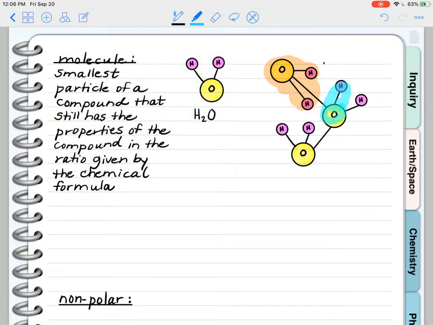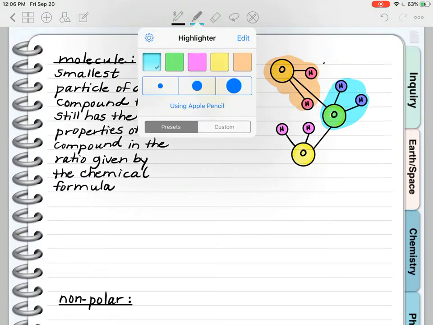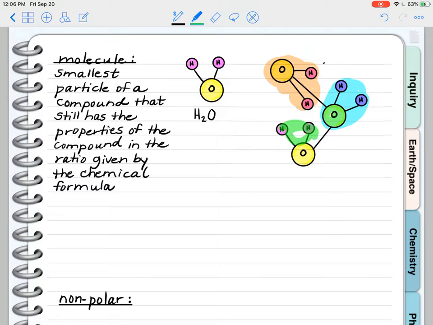Here are 2 hydrogens and 1 oxygen. Here are 2 hydrogens and 1 oxygen. Okay, so these are all the same. This is still H2O, this is H2O, and this is H2O.